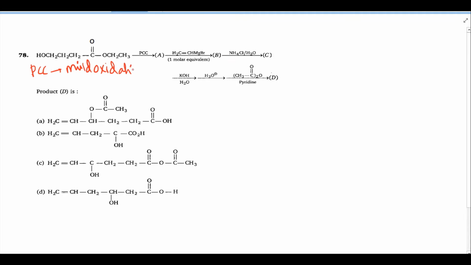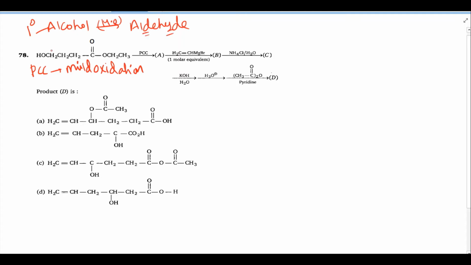What does mild oxidation mean? If you take a primary alcohol, the primary alcohol is converted to an aldehyde. Primary alcohol on mild oxidation is converted to aldehyde.